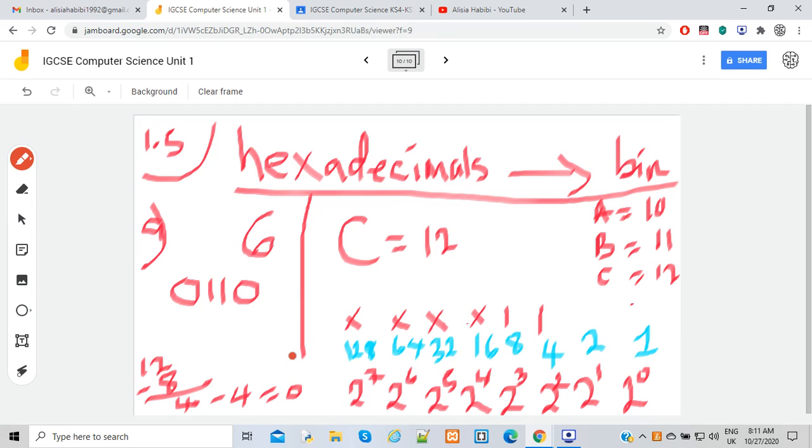So that's good. We still cannot write the answer as 1, 1. Remember, because it is hexadecimal, we must represent it as a 4-bit group code. So we're going to add extra zeros where necessary, in front here. We had 1, 1, so we add a 0 for the 2 and a 0 for the 1 because we don't need them for this add up. We only had 2 powers of 2 that add up to 12. So we have 1, 1, 0, 0.